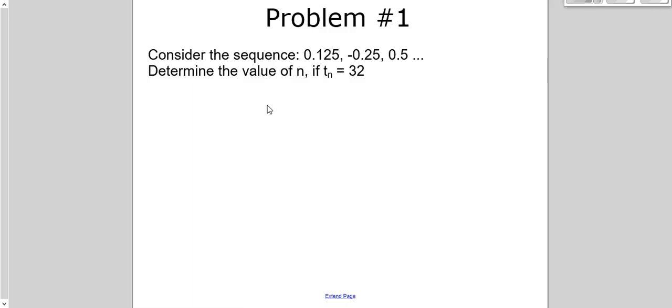Okay. Now, let's say we have this sequence. So consider this sequence. To determine the value of n, Tn equals 32. So actually, this is very similar to what we just did. A equals 0.125. R looks like it's equal to -2 because it goes positive, negative, positive, and it's doubling each time.